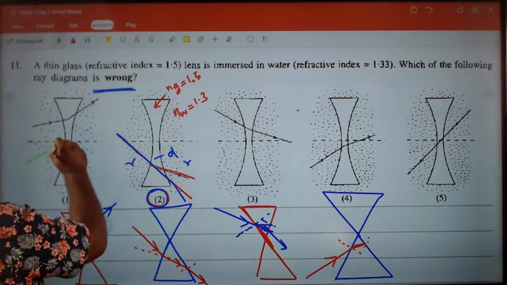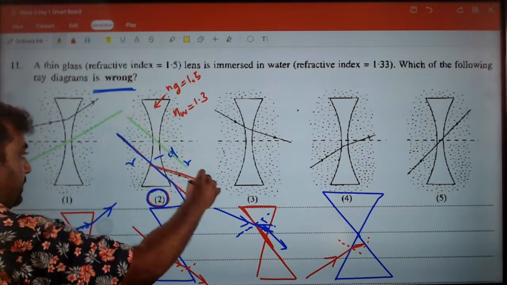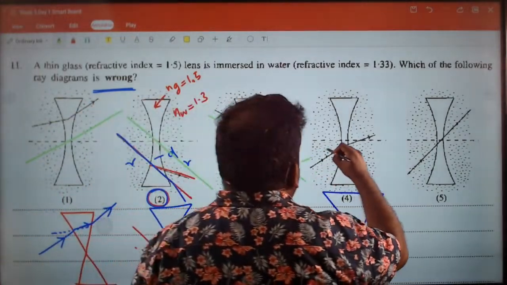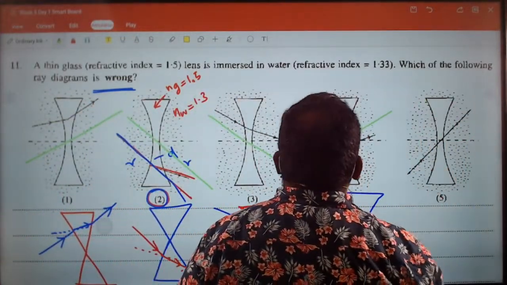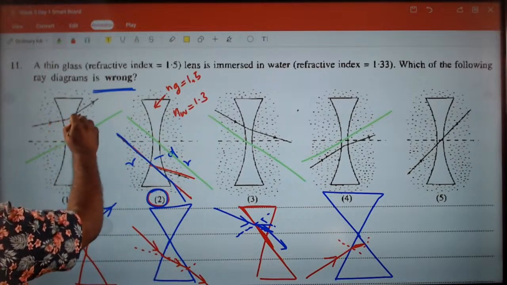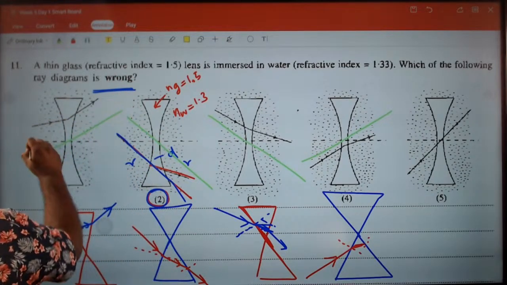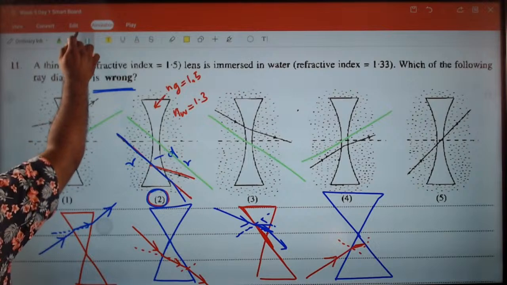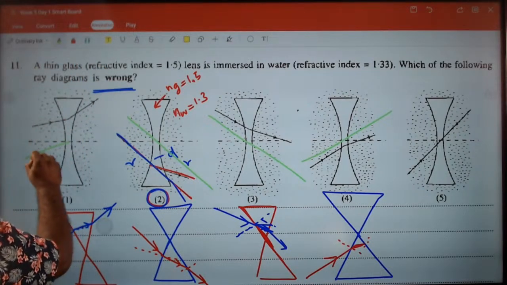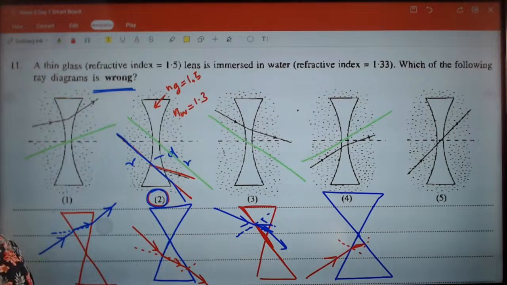Draw the rays going through the optical center. Right, you will get a better idea. If this is diverging away, parallel to this, through the optical center. Going away, right.